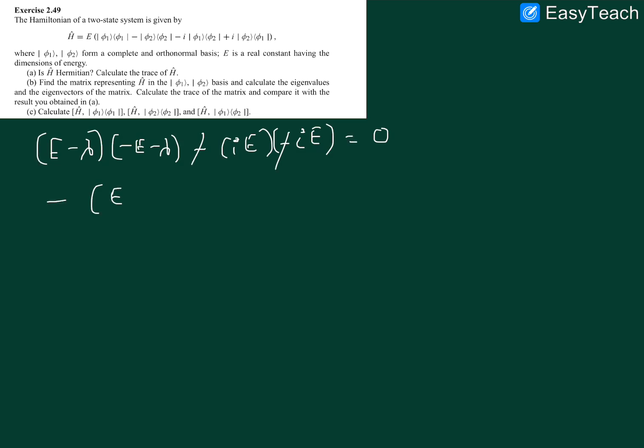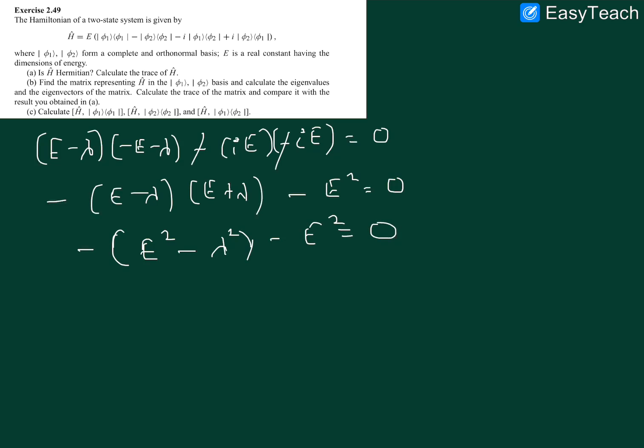Minus (E minus lambda)(E plus lambda) minus E squared equals 0, which gives minus E squared plus lambda squared minus E squared equals 0. Lambda squared equals 2E squared, which implies lambda equals plus or minus root 2 E. So these are the eigenvalues, and we can see that the eigenvalues are real.